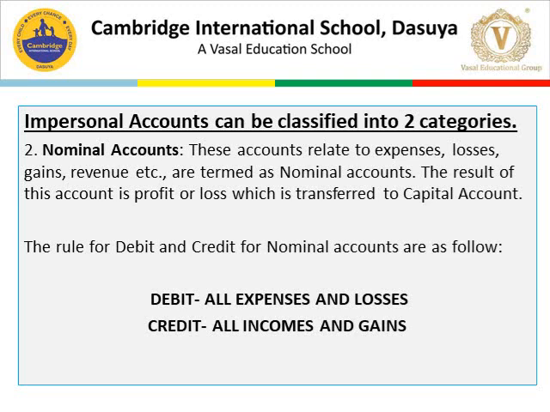Whatever the difference comes, it may be a profit or a loss, and whatever the result is, it will be added to the capital. The rule for debit and credit for nominal account is: debit all expenses and losses, credit all incomes and gains.